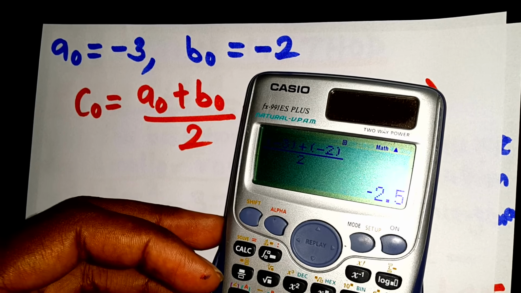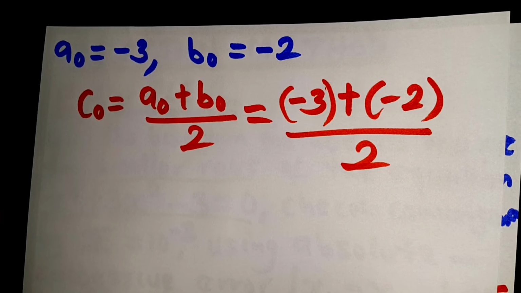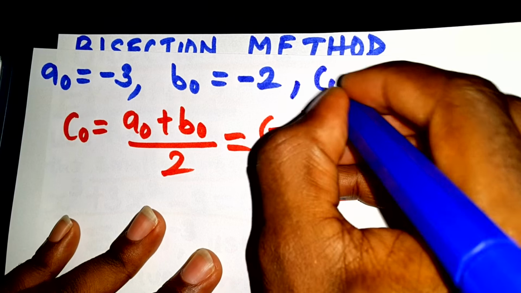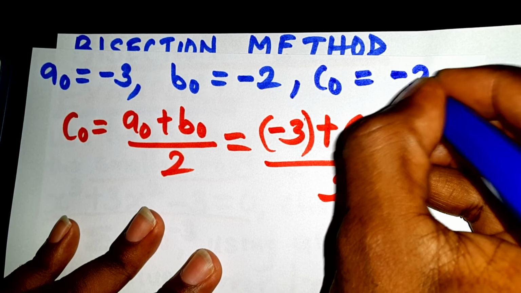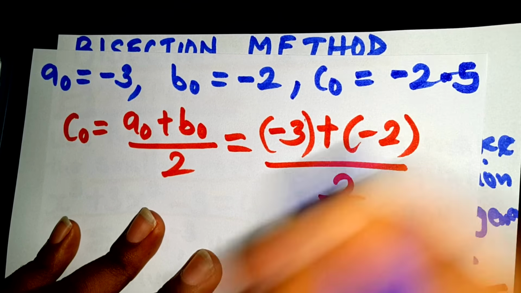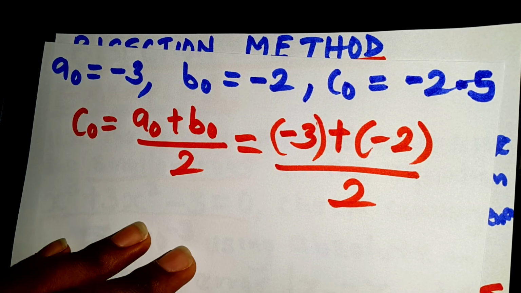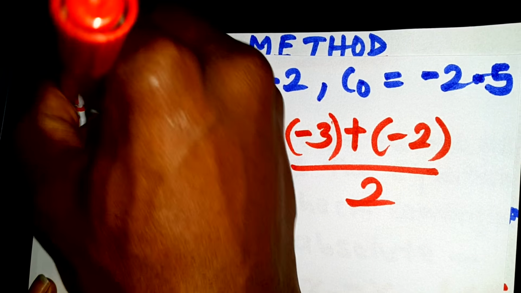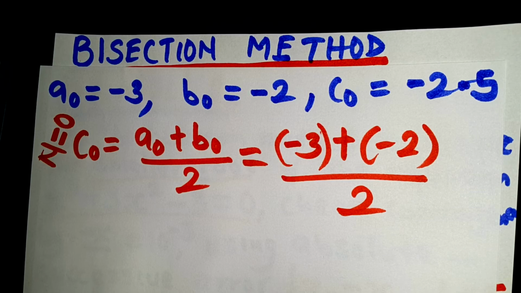If we do this with our calculator, our answer is minus 2.5. So we can write our C naught here as minus 2.5. We call this our first iteration, when n equals 0. So let's move on.